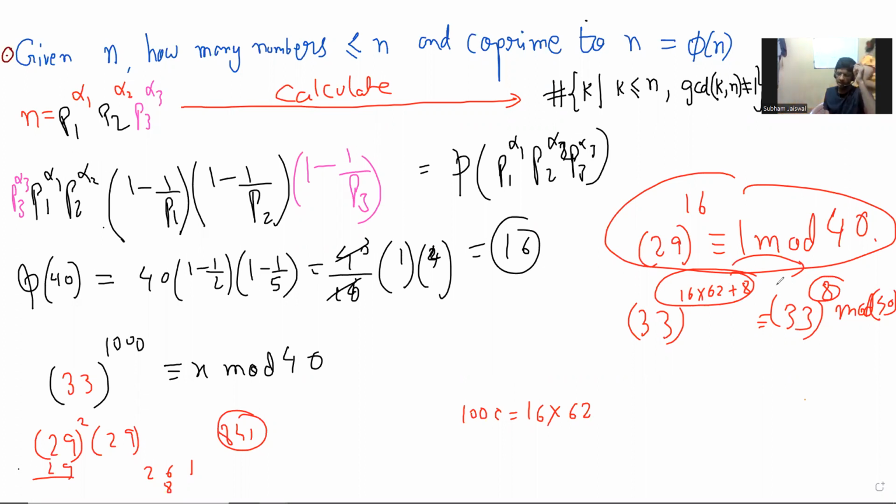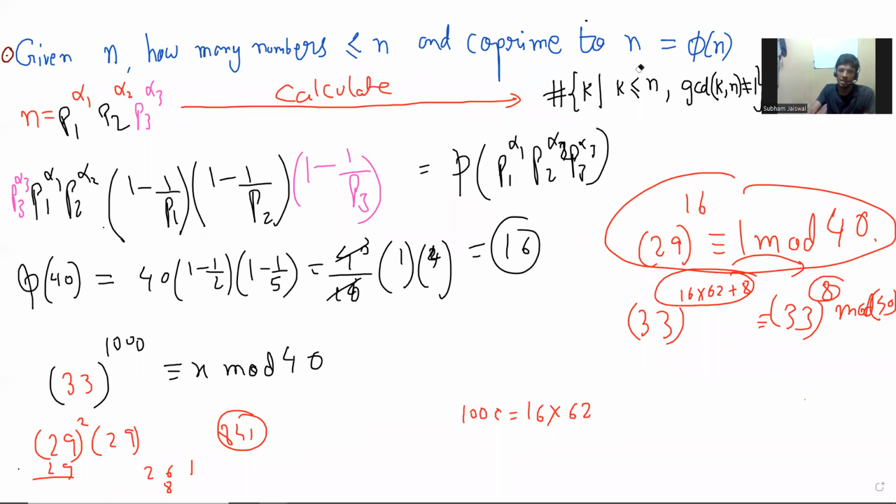That is the key thing. So whenever you are trying to figure out this power, instead of that big power, you can consider its remainder when it is divided by the 16 or by this phi n, right?